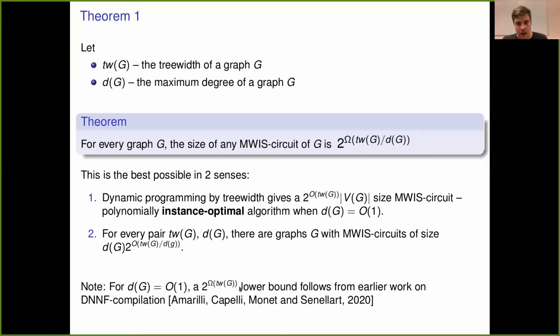Here the dependency on degree is really bad: in the exponent we divide by exponential in D instead of linear in D. But when compared to this earlier work, the novelty of my theorem 1 is that we give the optimal dependency on the maximum degree.